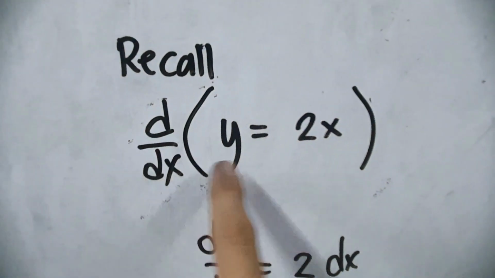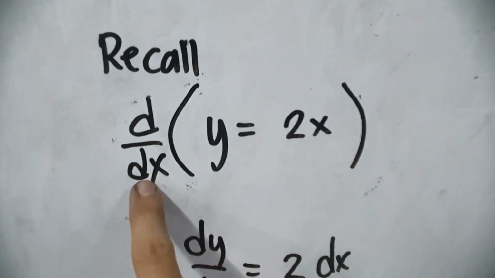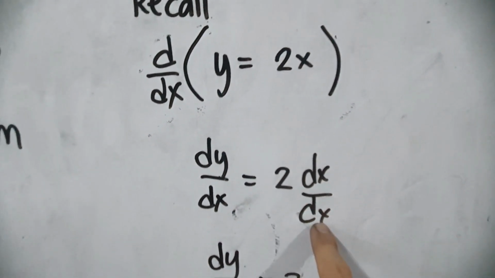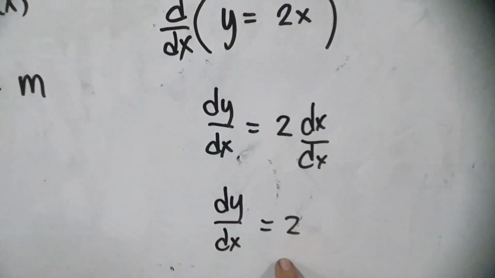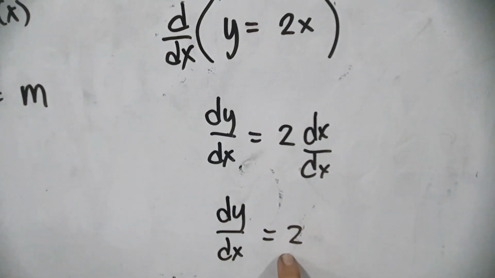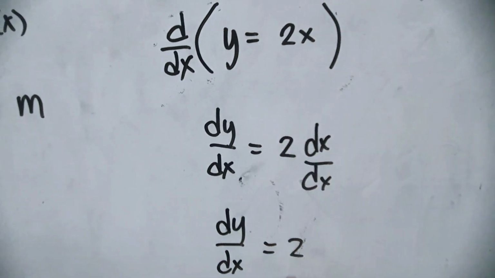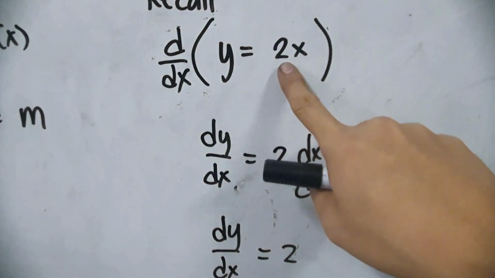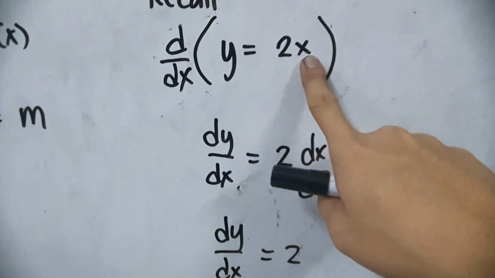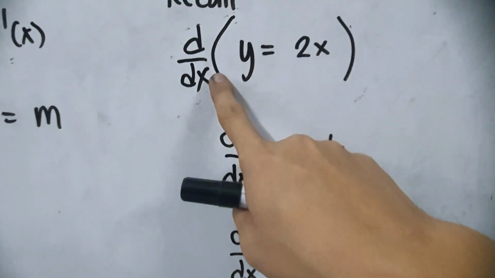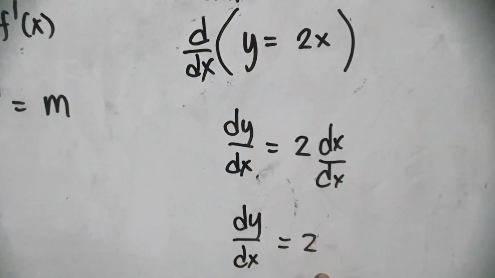The derivative of 2x with respect to x is 2 dx over dx, which is 1. So dy over dx, from this simple equation, is equivalent to 2. Constant multiple: copy 2, derive x. Copying the 2, the derivative of x is 1, so that is why dy over dx is equal to 2.